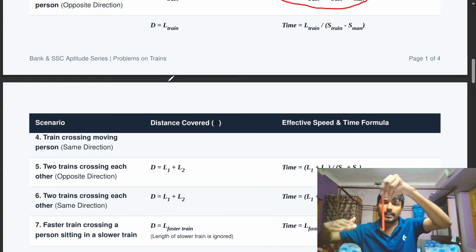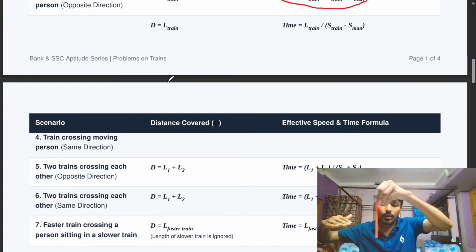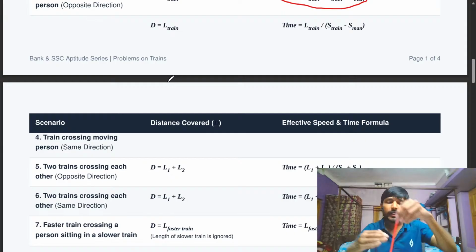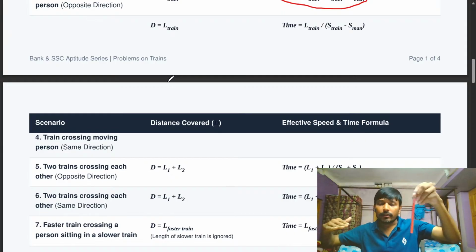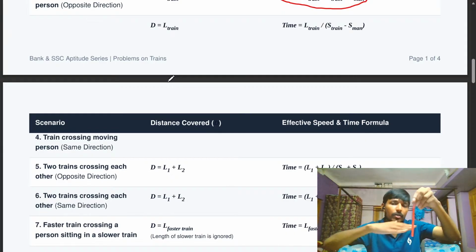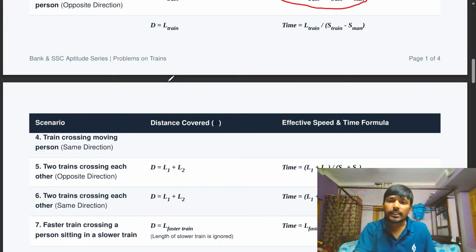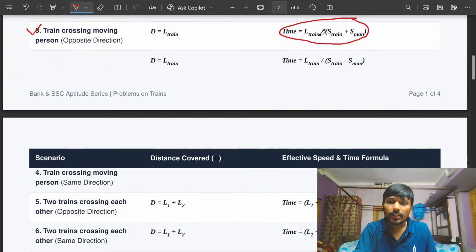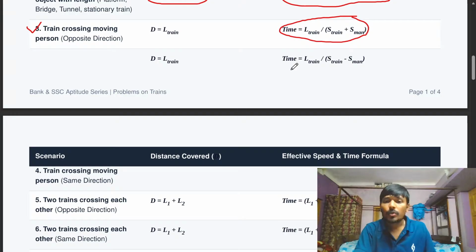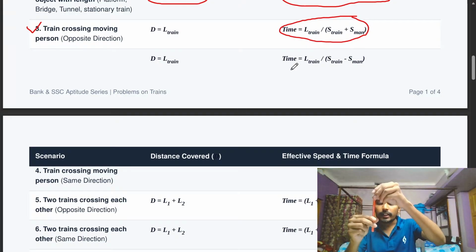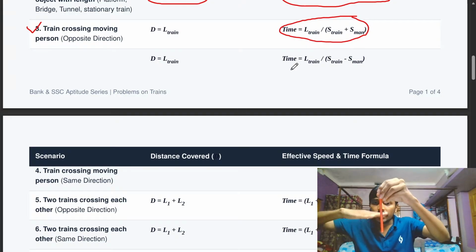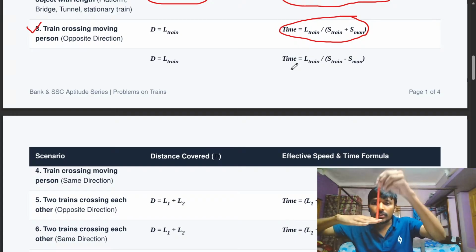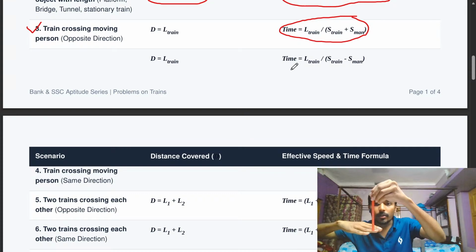In this case they are moving in the same direction, so we have to subtract the speed. So time equals the length of the train, because the length of the person is negligible.